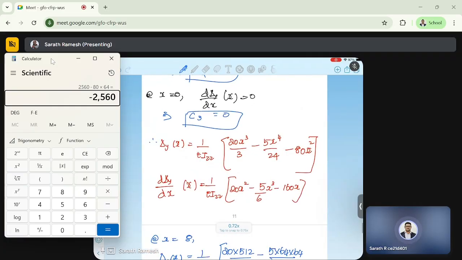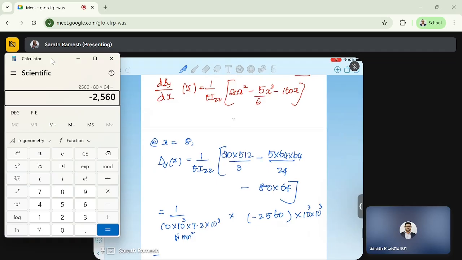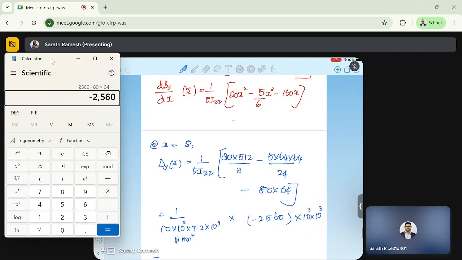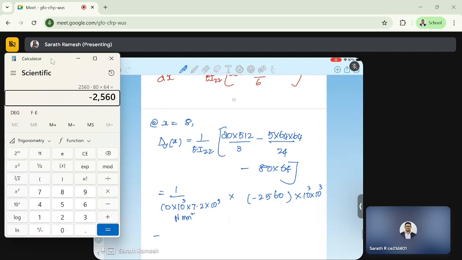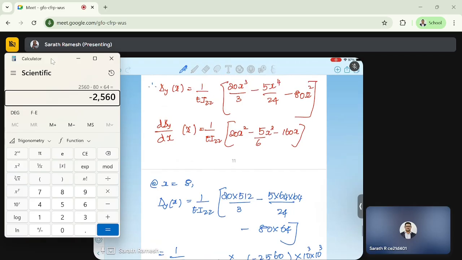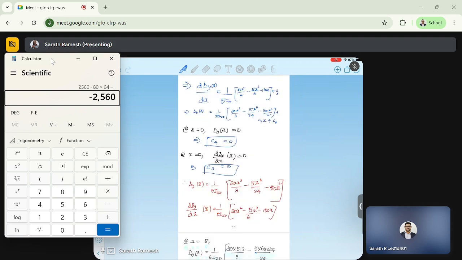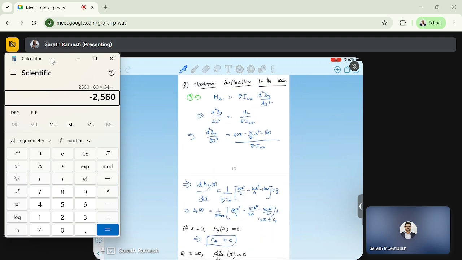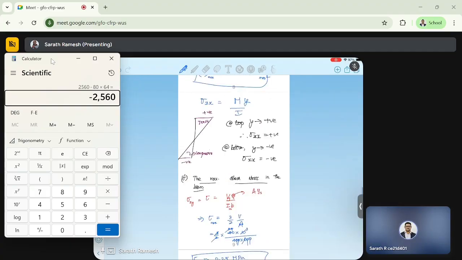So this is the expression for deflection that we got. E is in Newton per mm square, I is in mm to the power 4, so Newton mm square, and the Mz that we substituted is in kilonewton meter.